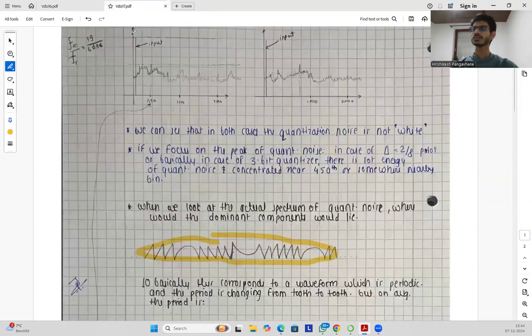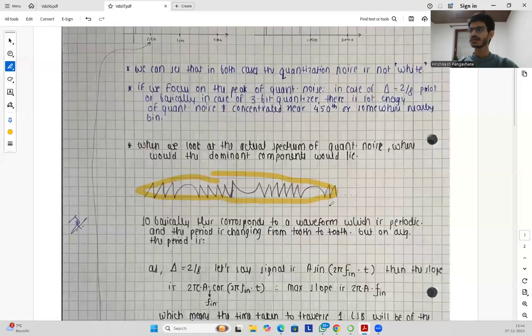So basically, this corresponds to a waveform which is periodic. This was our approximation, right? And the period is changing from tooth to tooth. So these are the teeth, right? The period is changing from tooth to tooth, but on average, the period is something we are interested in.